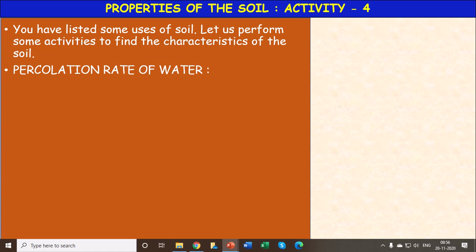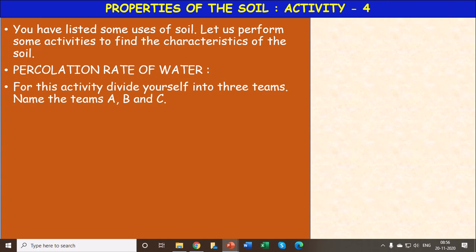Boju wondered why there was a difference in the absorption of water in the two squares. So now let us perform an activity to understand this concept. What is that? Percolation of water.